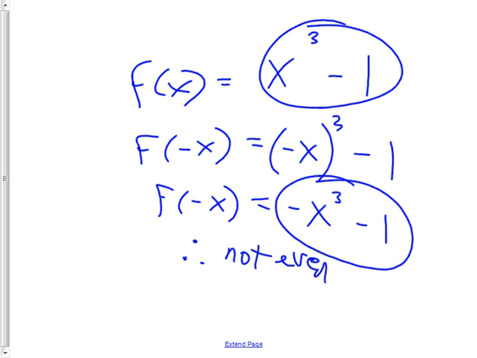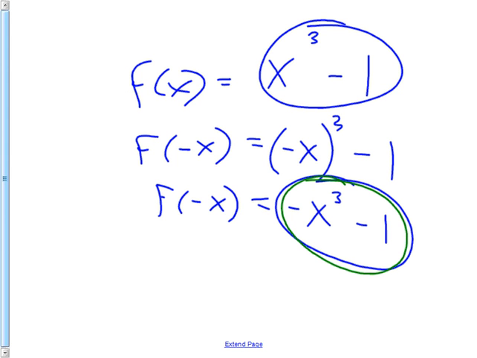So the next thing I do, and this is important here, is I factor out a negative 1 from this function. Do you get both of them have a negative in it? I can factor out a negative 1 and then put what's left: x cubed plus 1. Okay?